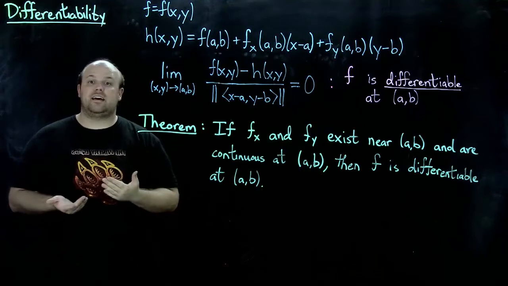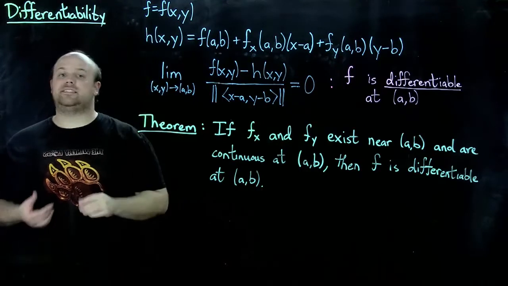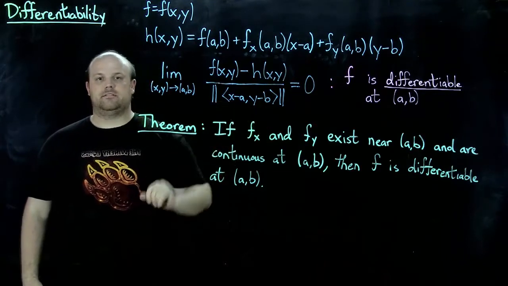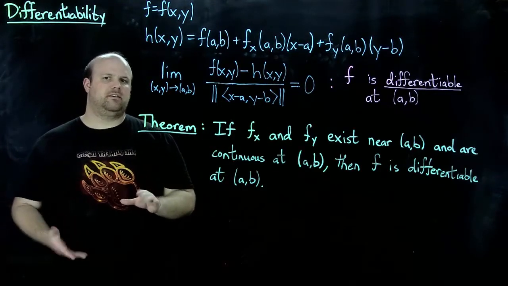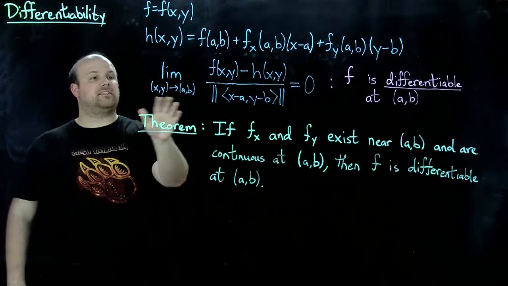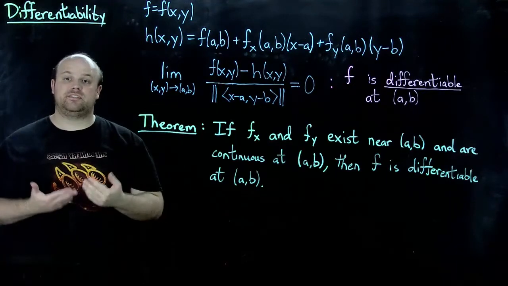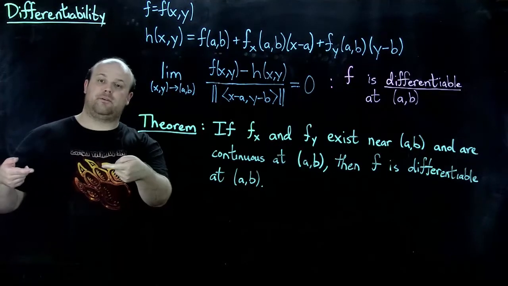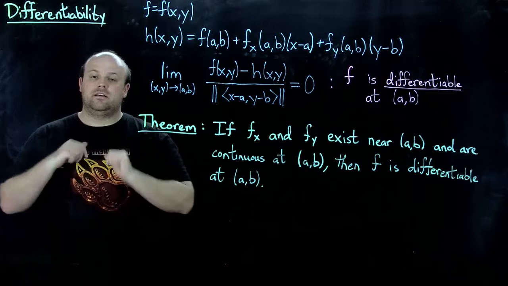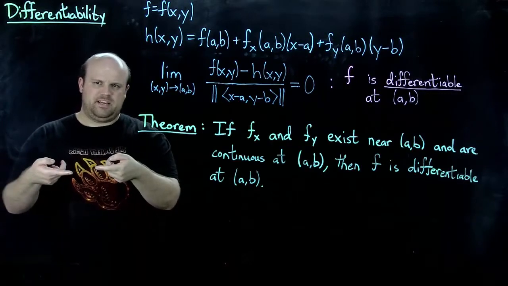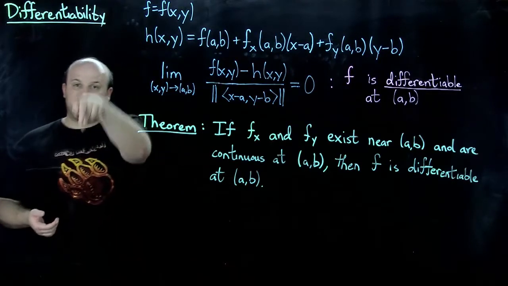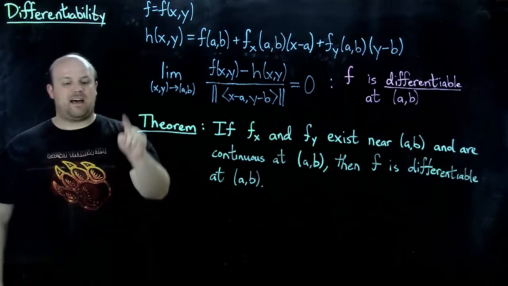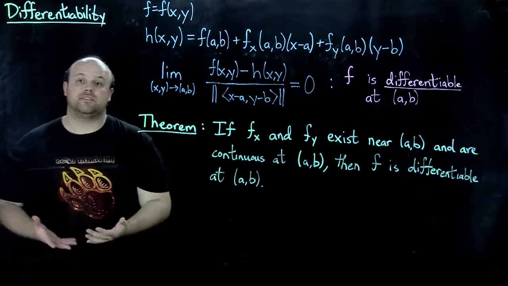And we say that this function f is differentiable at a b if this limit here is 0. What is this limit? It's the limit as x y goes to a b, so it's one of these 2D limits, which are a little bit trickier, remember, because there's not only from the left and from the right, there's also from the top and from the bottom, from the diagonals, from some swirling path, parabolas, from all sorts of things.